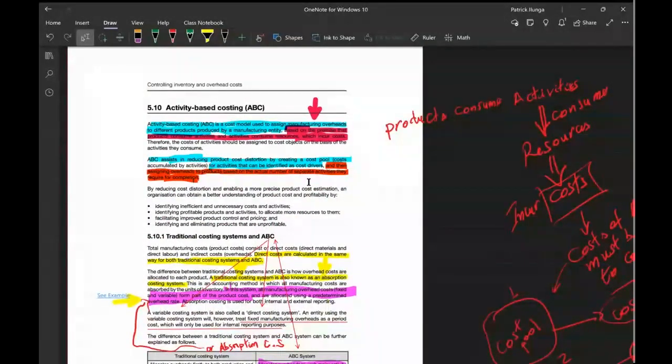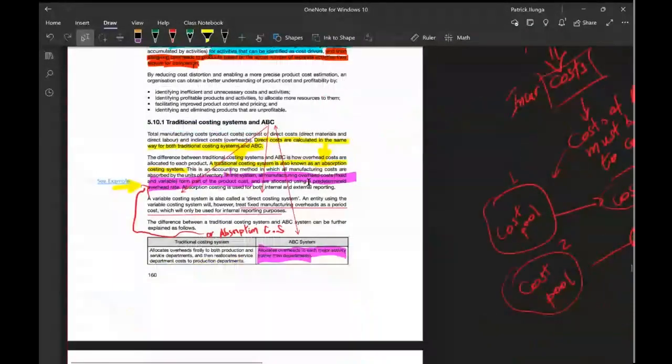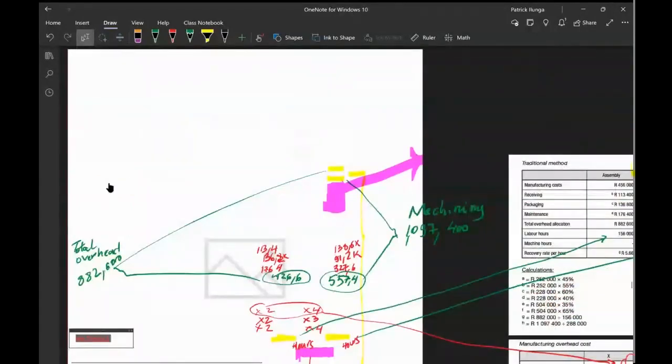Very important. What is the difference between the traditional costing system and the ABC? And I'm also linking your theory to the actual examples. For example, if you go here, you will see it says example. If you click on it, it will take you to the actual example.